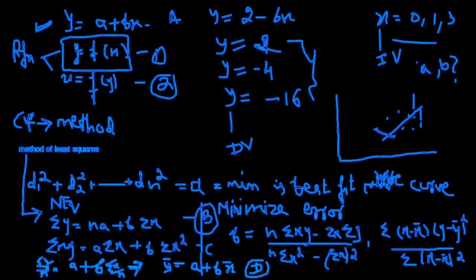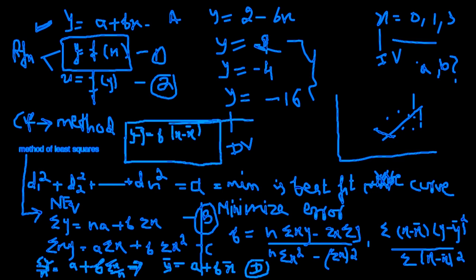We will have, I'm writing here, y minus y bar equals to b as it is, x minus x bar. Alright, so this is known as regression line. This is the formula for the regression line.